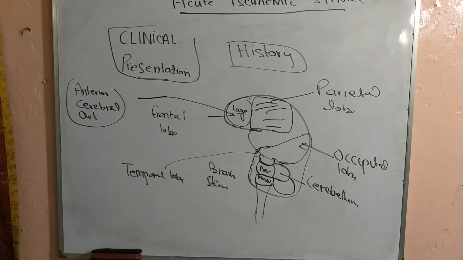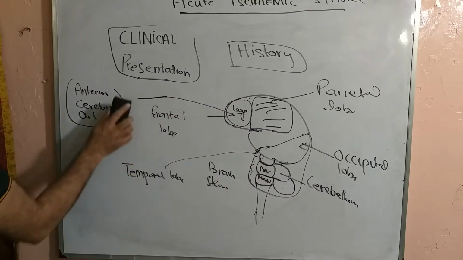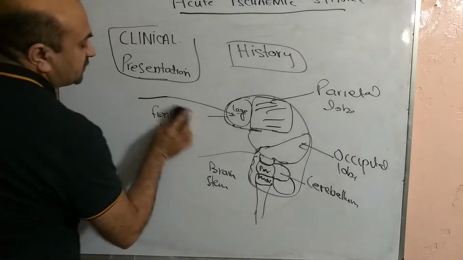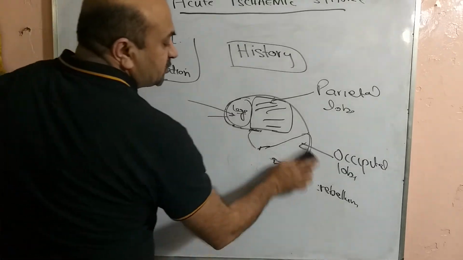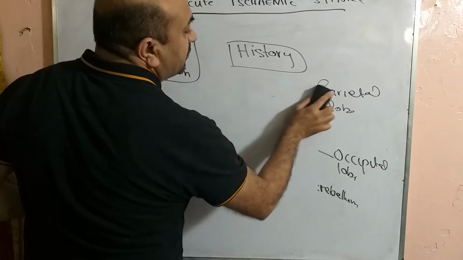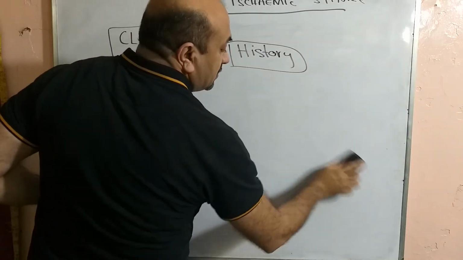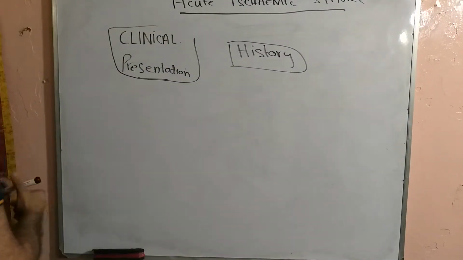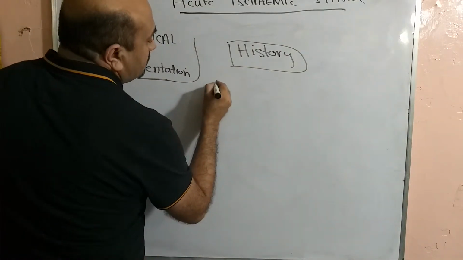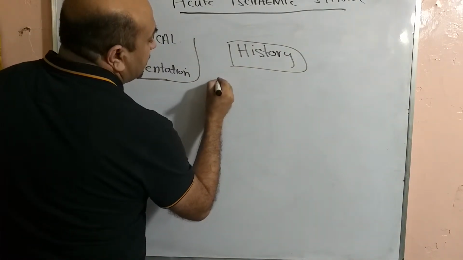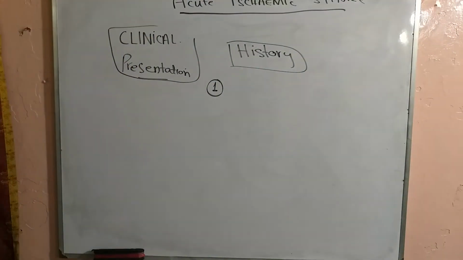So if we just write down the major symptoms of these patients, how these patients present in the emergency department, then all in all, number one, it would be abrupt in onset, because there are certain situations that can mimic stroke.